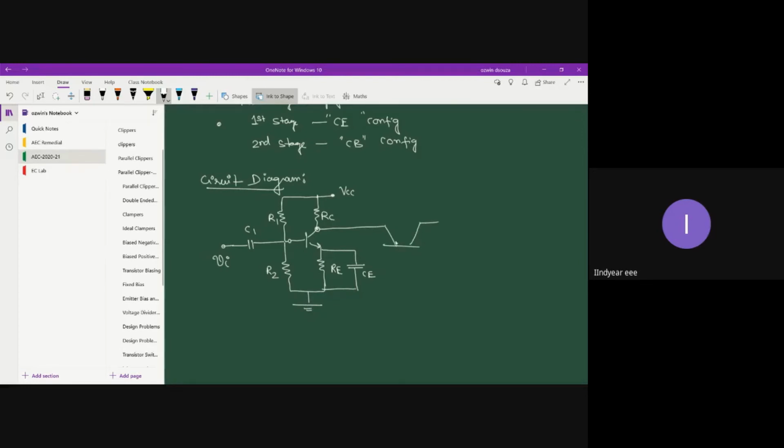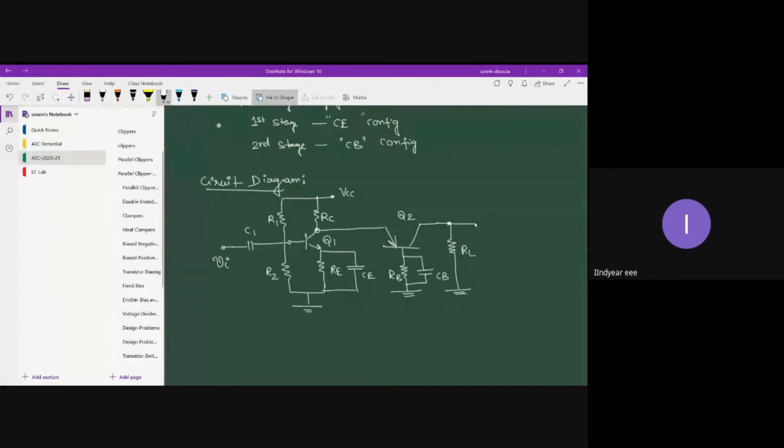So here you will have a common base configuration. This is Q2, the second transistor. This is Q1, the first transistor. The biasing resistor RB and bypass capacitor CB are connected across. And this is the collector terminal, so the collector terminal is going to be the load terminal. So this is the load resistor RL, and across the load resistor, the output is observed.